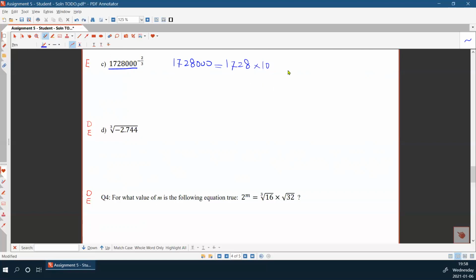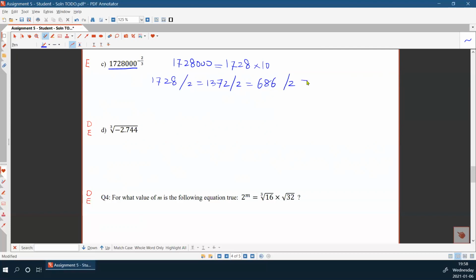Next we need to check 1728. First I'll try it with 2, which gives us this one. Next we try it with a 2, that gives us 686.